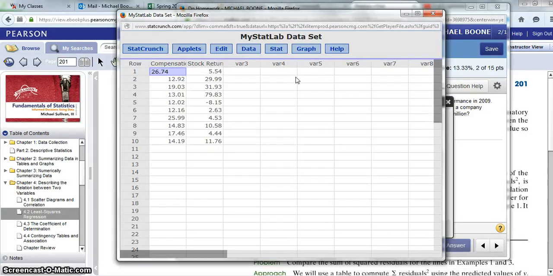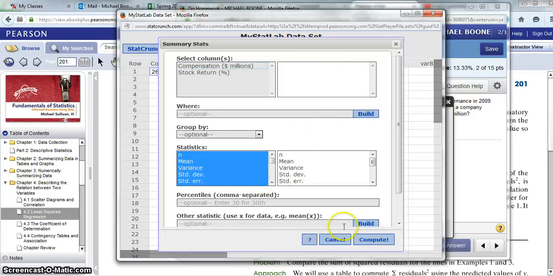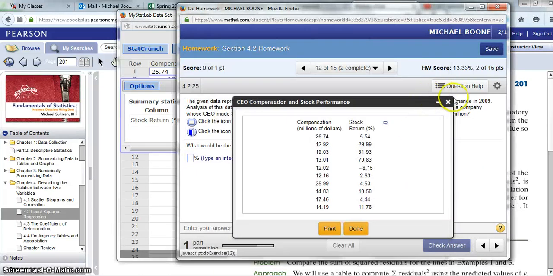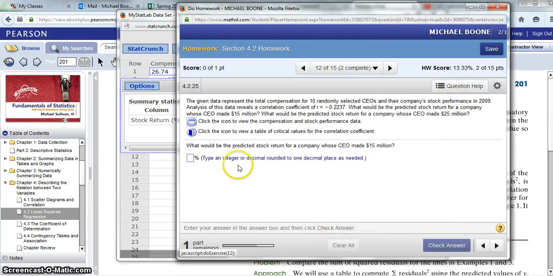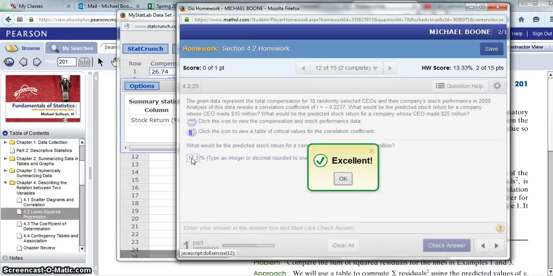Again, we always have to look at that R value to say, does it follow a linear relationship? So I just need to find the average of my return, and it's 17.308, and to 1 decimal place, 17.3% would be my return. It's just the average. We're not plugging it into the regression equation.